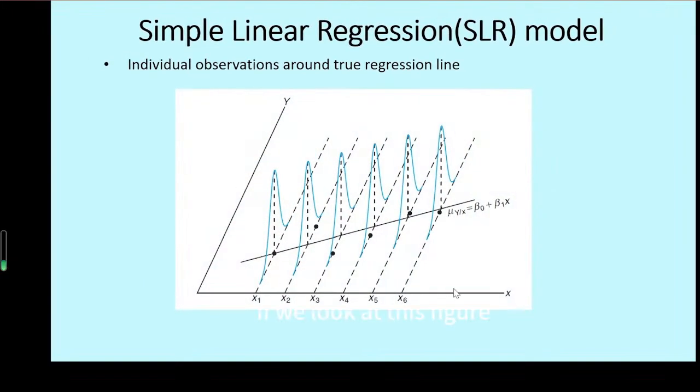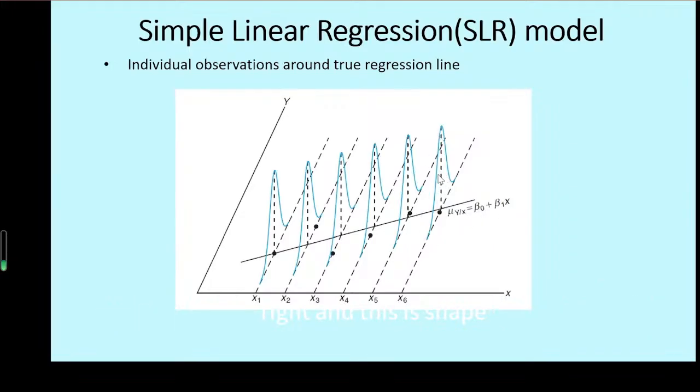If we look at this figure, x1 to x6, this figure shows something like a 3D figure in the two-dimensional space. So this is x and this is y. This is the deterministic relationship between x and mu y given x. So this line can be seen as the average value of the dependent variable for a given x, right?